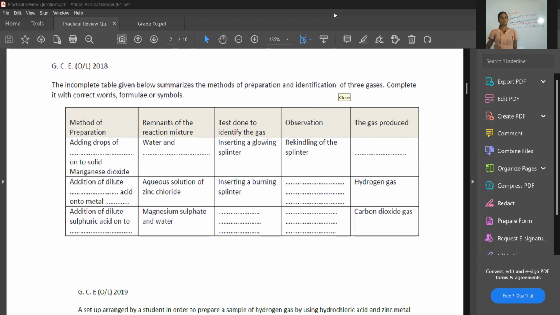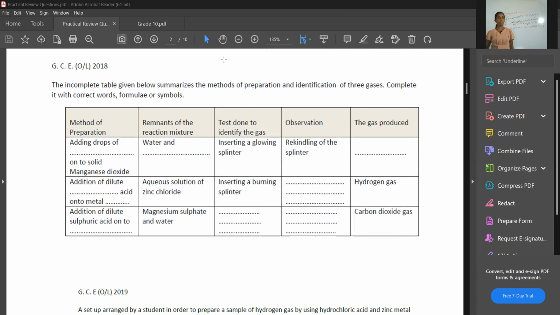What is remaining here other than water? It produces only water and oxygen. We know that oxygen is released to the atmosphere if we do not close the test tube or the vessel that we use to prepare the gas.